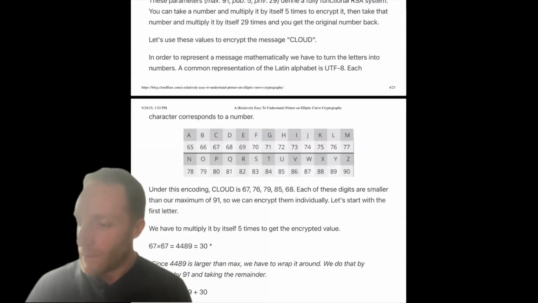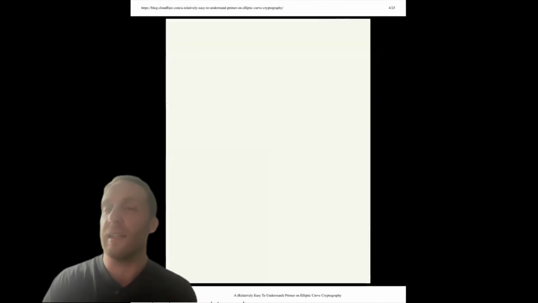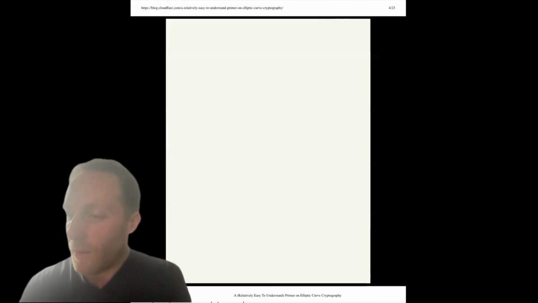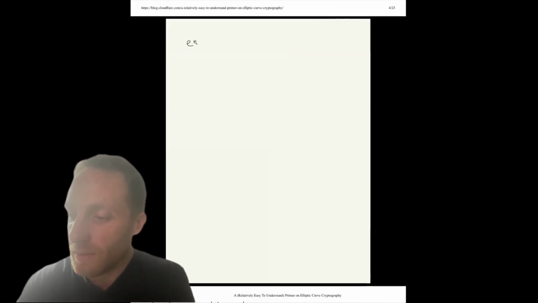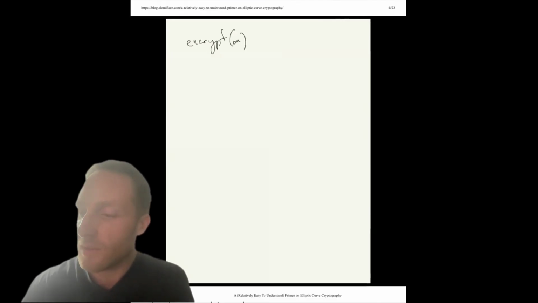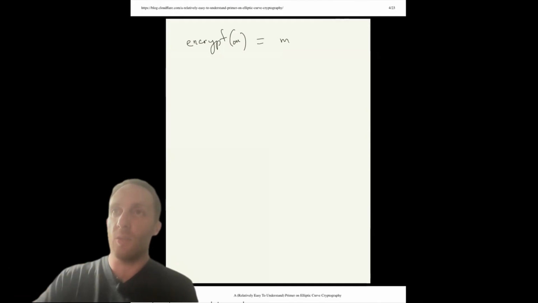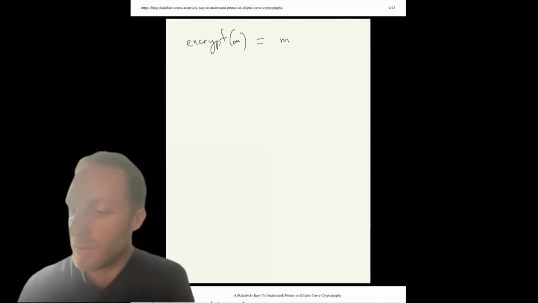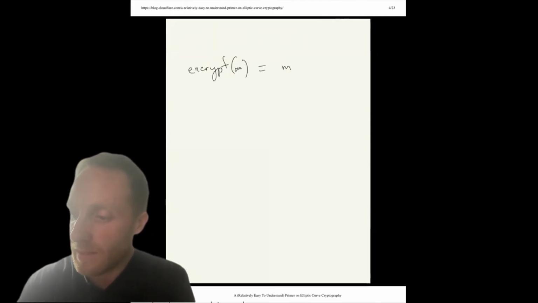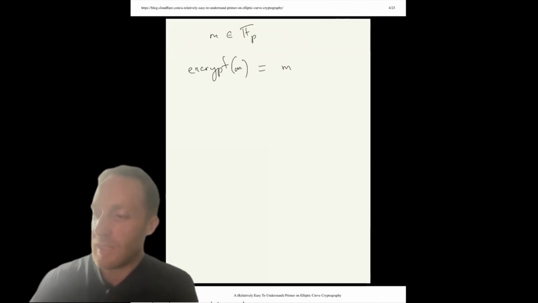But what I want to show real quick is how RSA works. You have some encrypt function which encrypts a message. Let's assume the message is an element of some field F_p. For those who don't know, this is clock arithmetic.